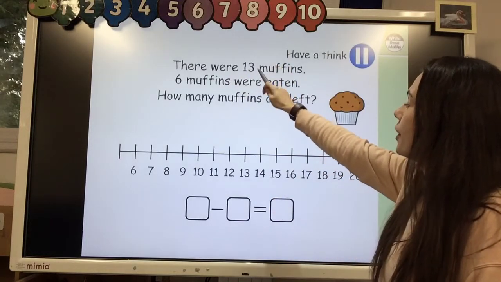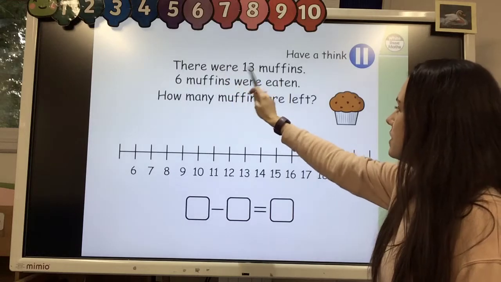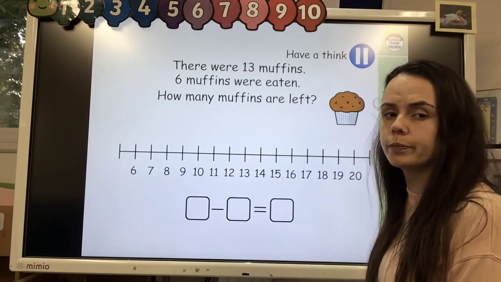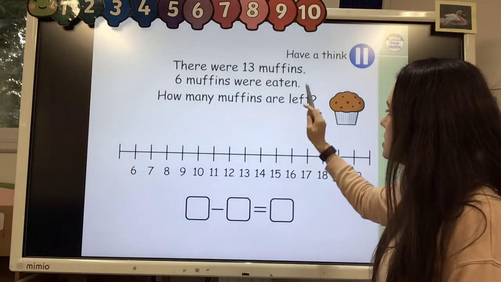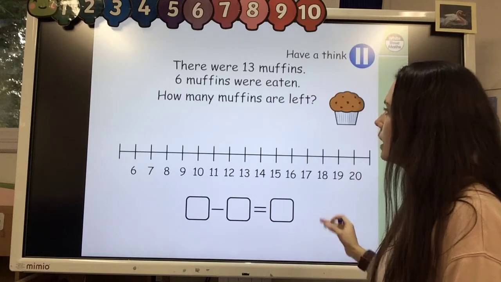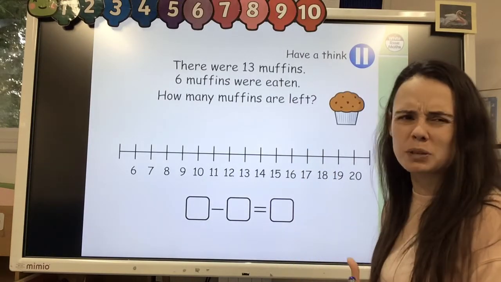There were 13 muffins. 6 muffins were eaten, probably by Mrs. Stone. How many muffins are left? Okay, so what do we need to do here? We need to work out how many muffins were left. How many did we have in the beginning?